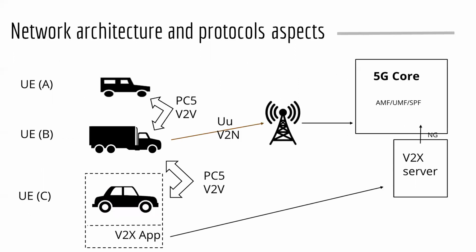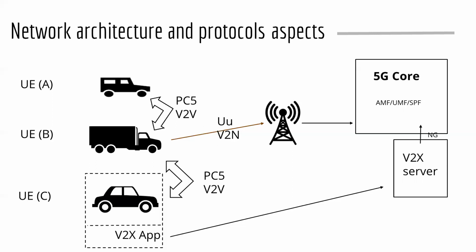As you can see, to make it simple, here is an illustration that explains the connection that each device has with its environment. Here we can see for the vehicle-to-vehicle communication, the interface used is PC5. For the vehicle-to-network, it's the Uu interface.